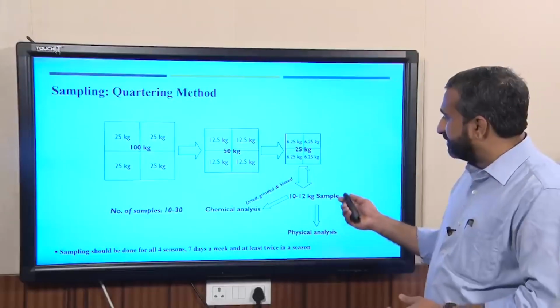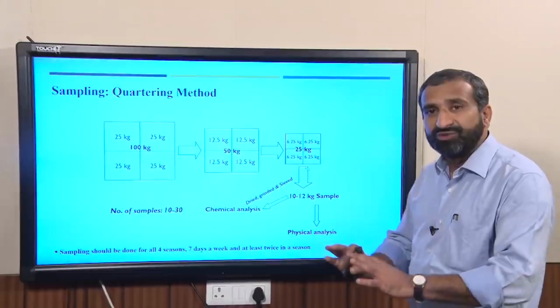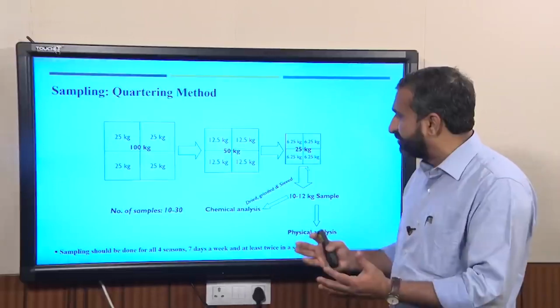From that we grind the waste and sieve it, which goes for the chemical analysis, and the same waste also goes for the physical analysis. This is the way we can collect 10 to 20 or 15 kg of waste, which will be your sample.